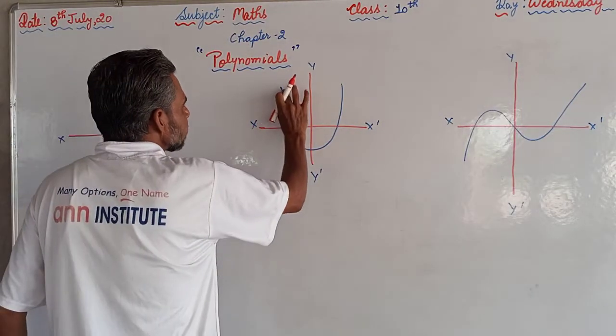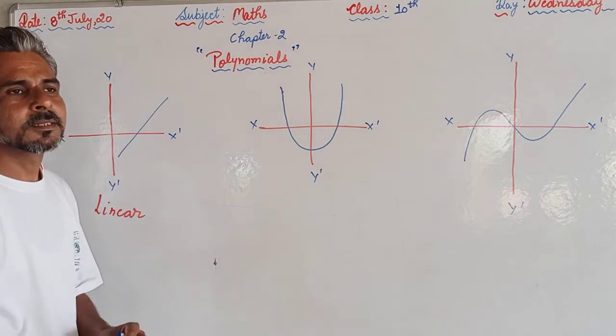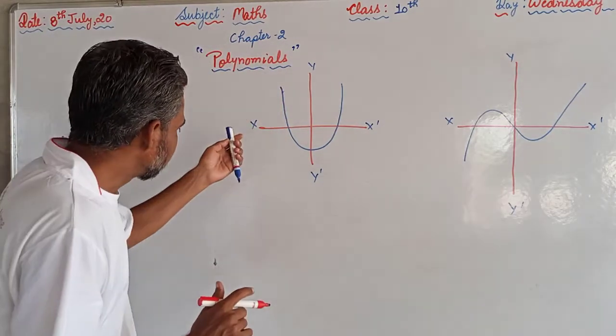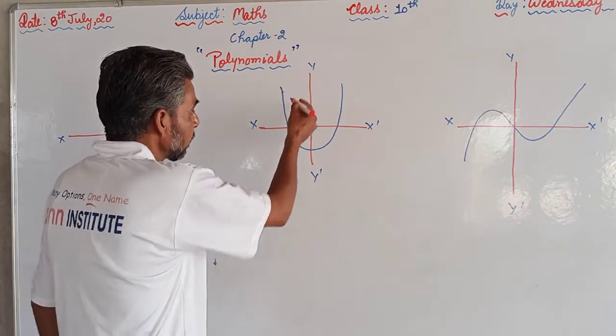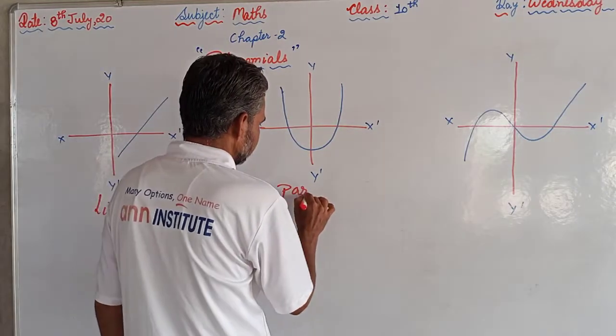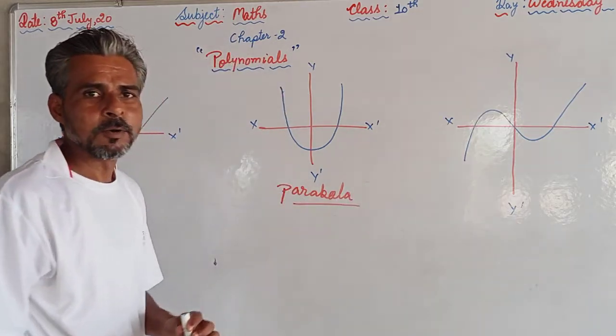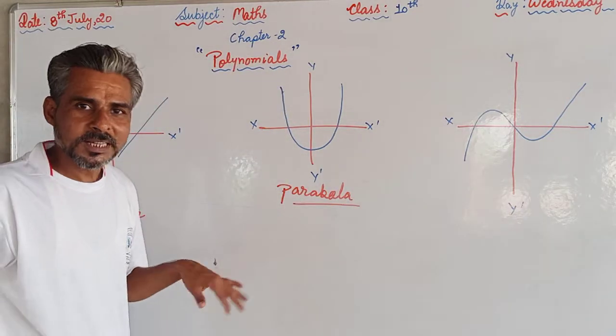So this is not a straight line, means it is not a linear polynomial. And what is the shape, what is the name of that shape? That is parabola. This is called as parabola, or the shape is known as parabolic shape.